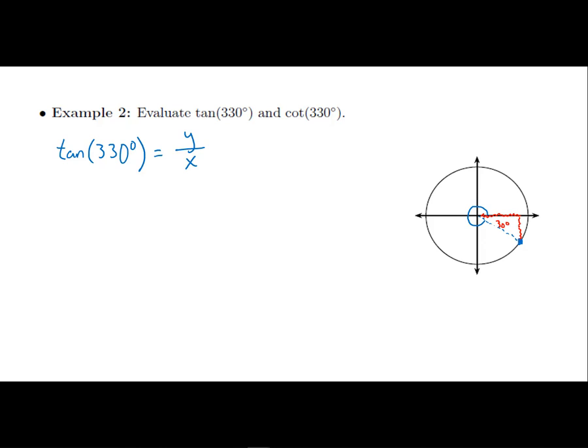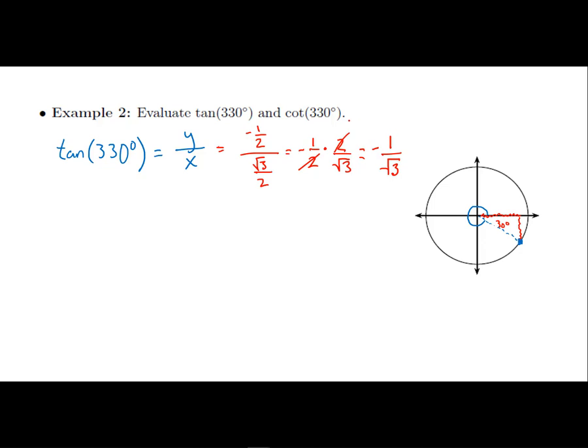Clearly the x is positive and the y is negative, so this is going to give me negative 1/2 divided by positive square root of 3 over 2, which is negative 1/2 times the reciprocal of the fraction down here, so times 2 over root 3. And I can see my 2's canceling, and I end up with negative 1 over the square root of 3.